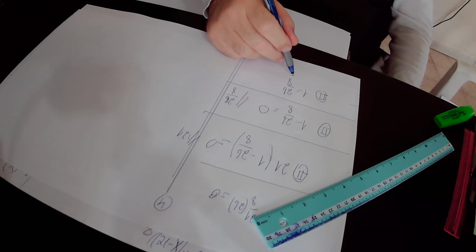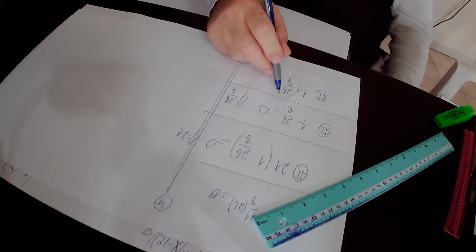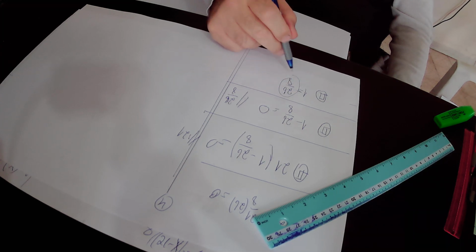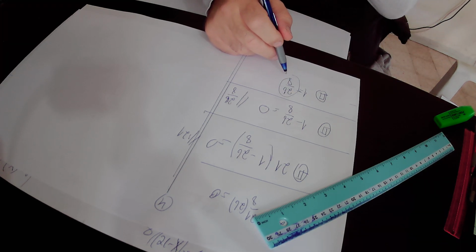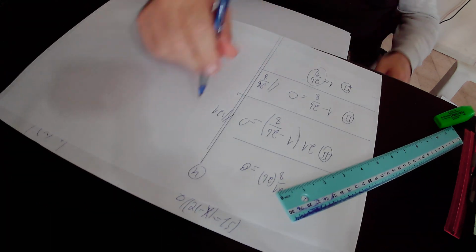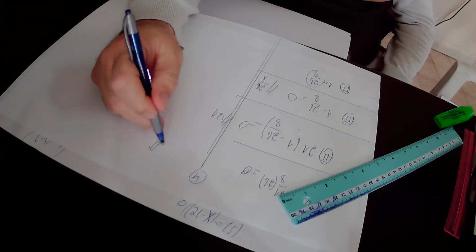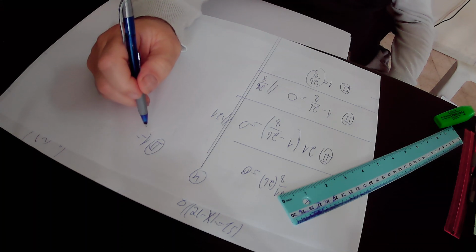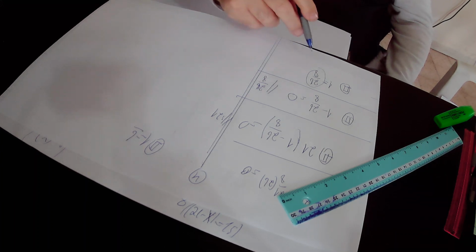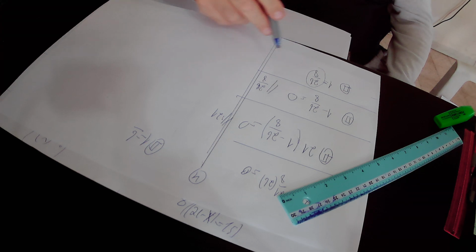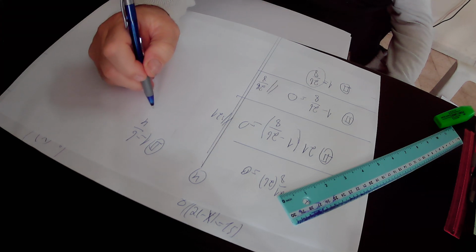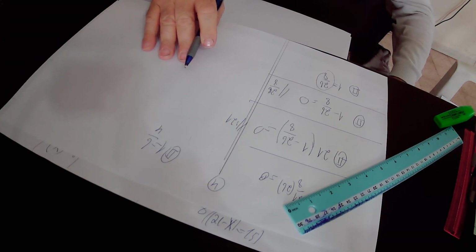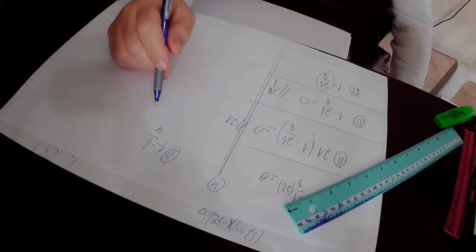So here we will divide both the numerator and the denominator of this expression by 2, and we get that according to equation 2, 1 equals 2b over 2 is b, and 8 over 2 is 4. So according to equation 1, we found out that 1 equals b over 4.